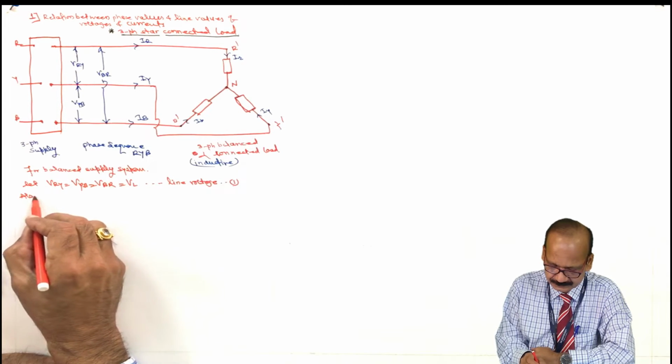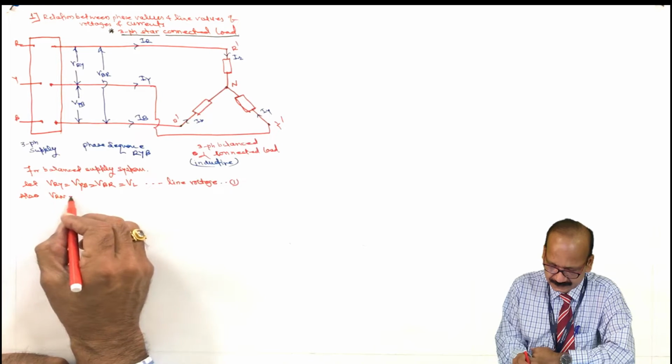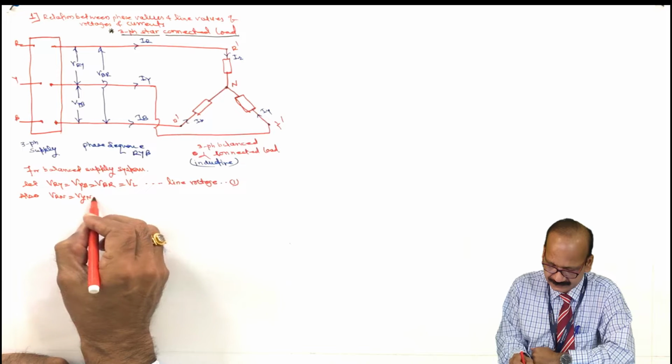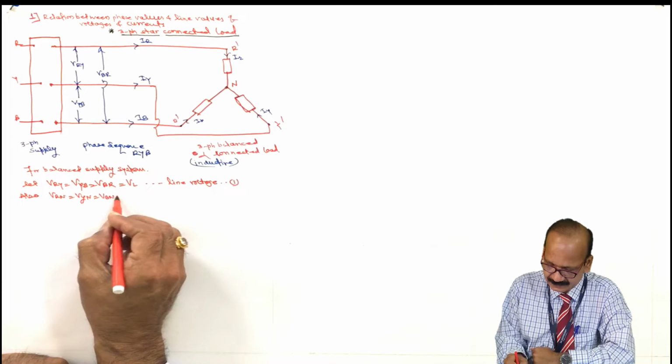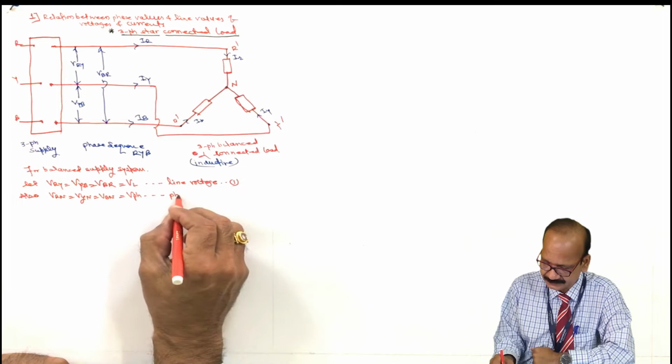Also, VRN equal to VYN equal to VBN equal to VPH, phase voltage.